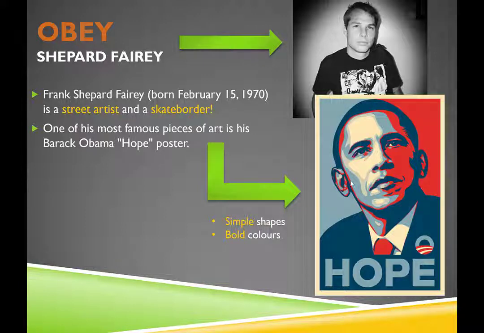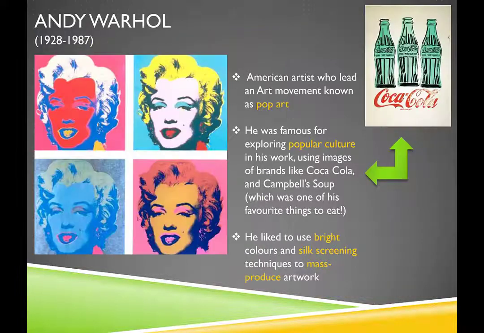And the poster is actually entitled Hope. And you can see it's created using very, very bold colours. Quite a simple colour palette, but very bold. This is kind of a stylised type of art.